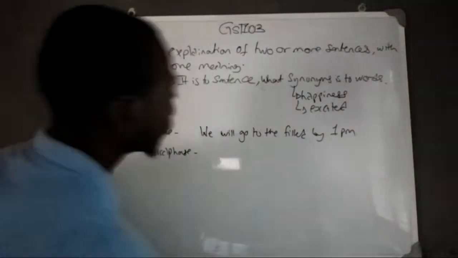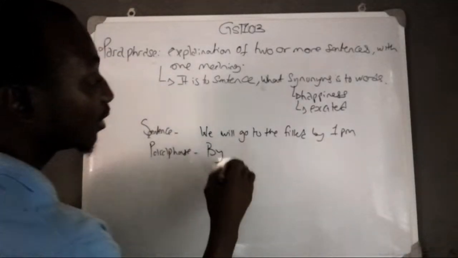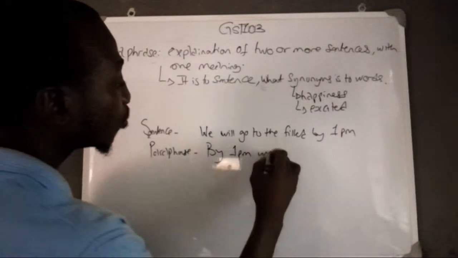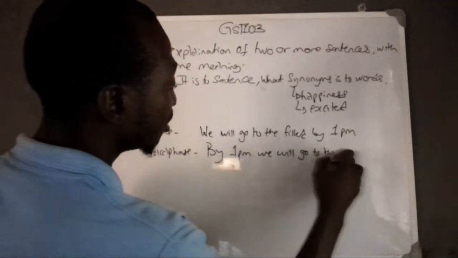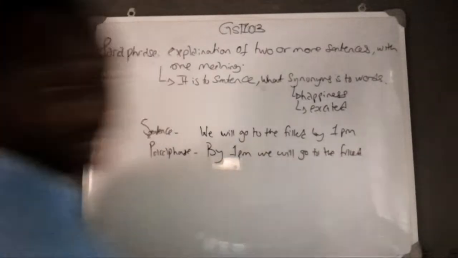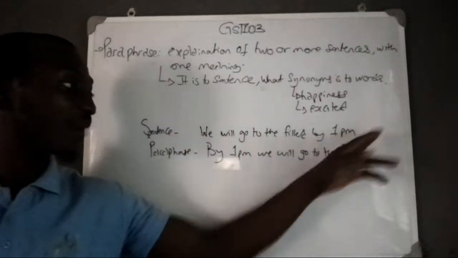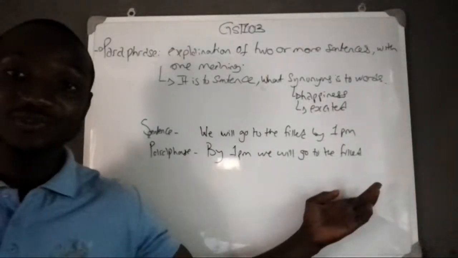Now, let's use by 1 p.m. we will go to the field. We will go to the field by 1 p.m. Now we say by 1 p.m. we'll go to the field.